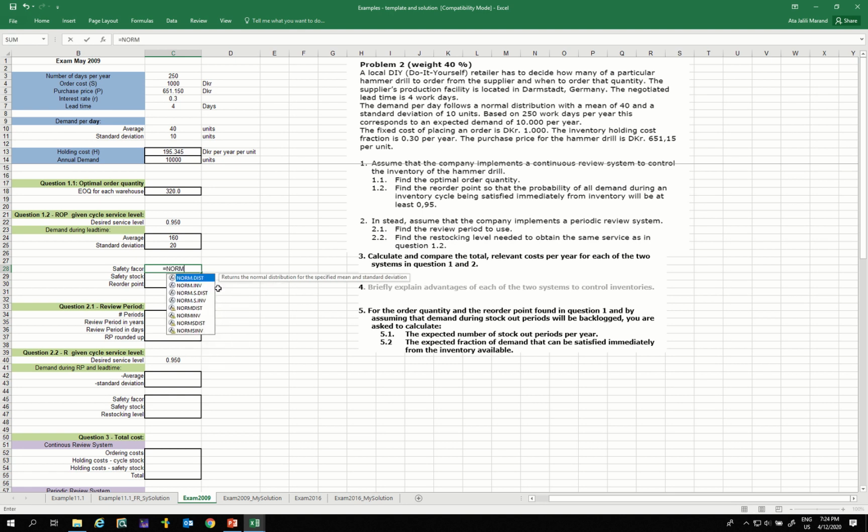Safety factor is the inverse of the standard normal distribution, evaluated at a point equal to the cycle service level. So it is NORM.S.INV, I will put 95% in it, so it will give me 1.645, and then the safety stock is the safety factor multiplied by the standard deviation of demand during lead time, and the reorder point is the average demand during lead time plus the safety stock, which is 193 here.